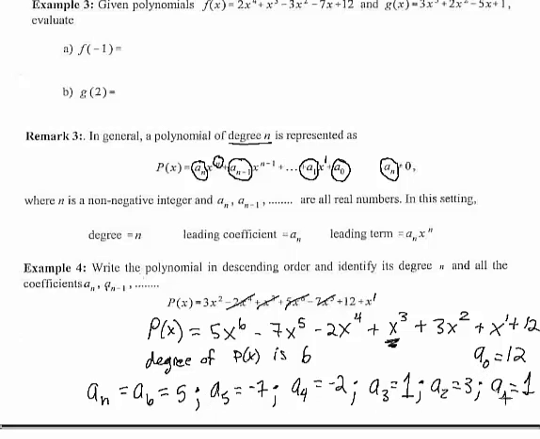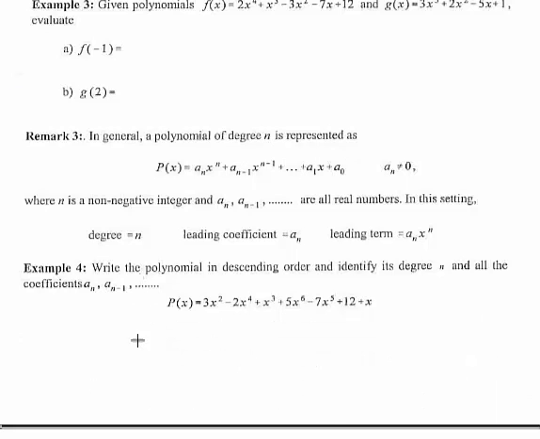And so you're not always guaranteed to have one of each. Some of these, in some cases, can be 0. So if we were missing a term, then that particular coefficient would be set equal to 0. So just to give you an example, let me write a different polynomial.